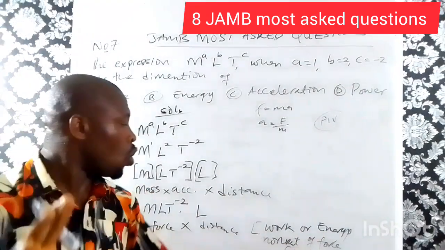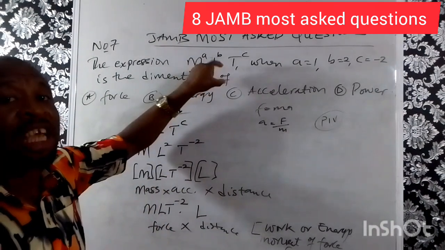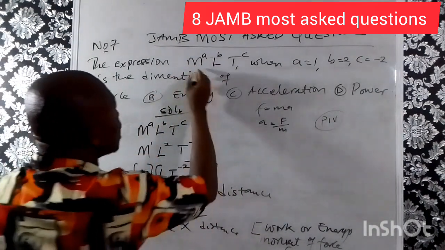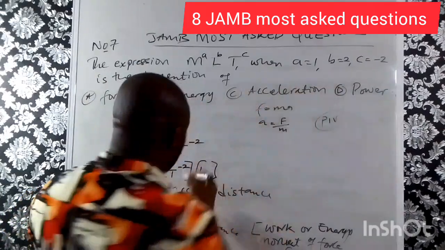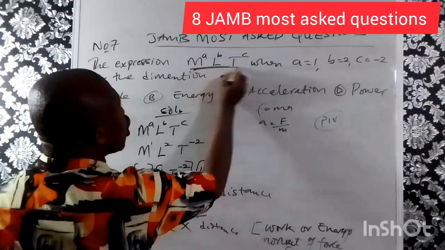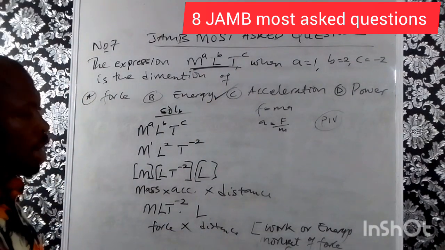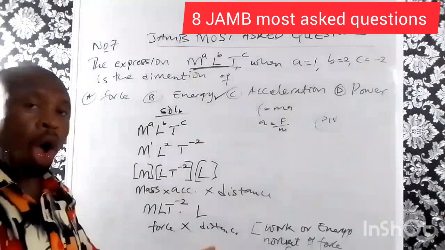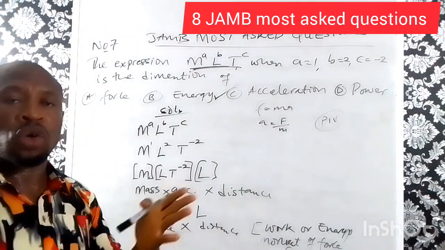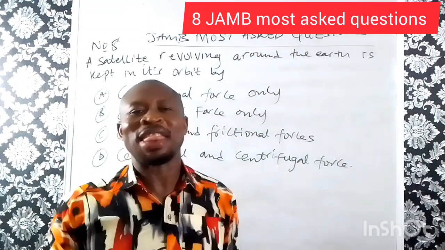So 1, 2, 3, they have the same expression, they have the same SI unit, and they have the same dimension. So the correct answer option here is option B, either energy or work or moment of force. Okay, the last but not the least question.